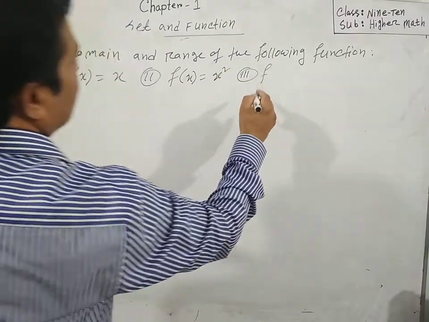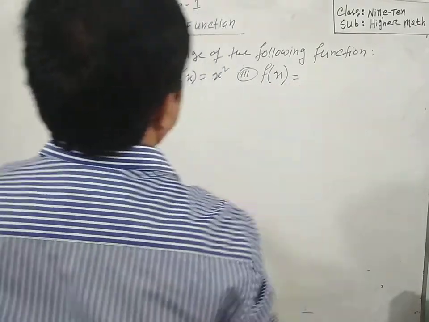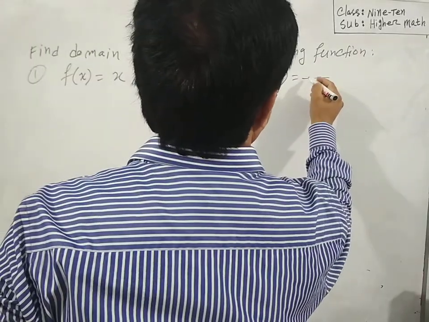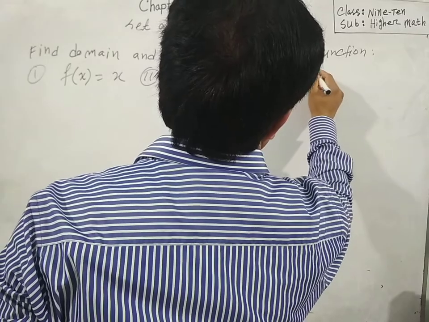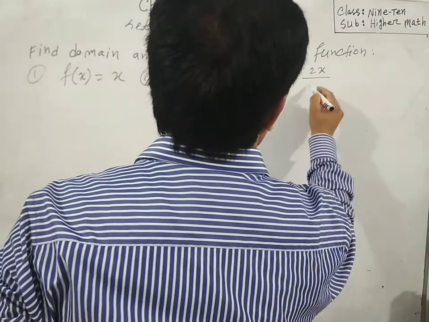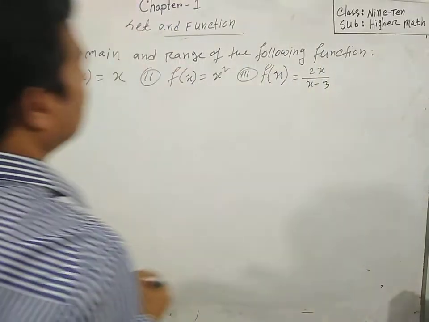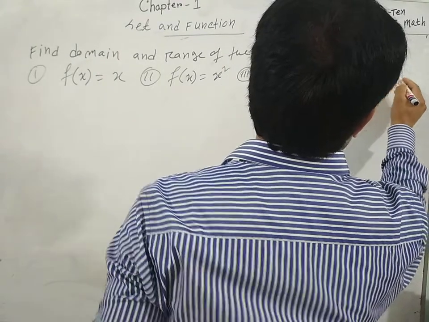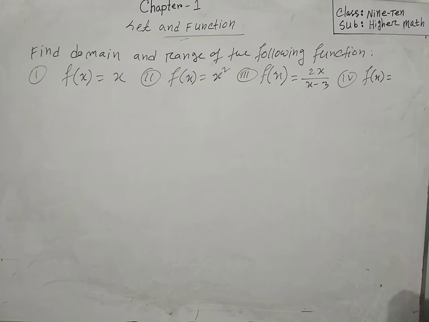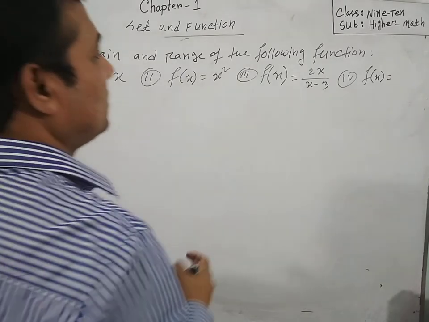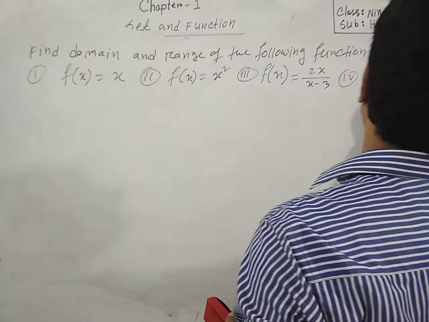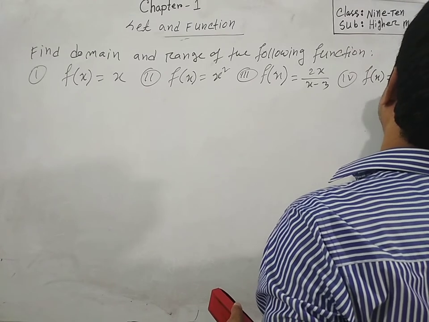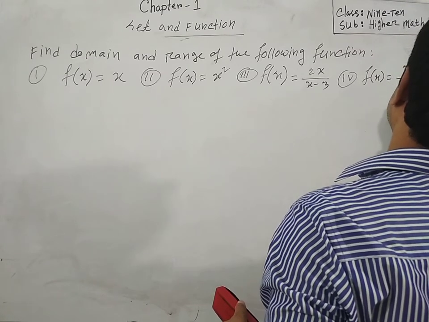Number 3, f of x equals x minus 3. Number 4, f of x equals 3x root over x minus 2.